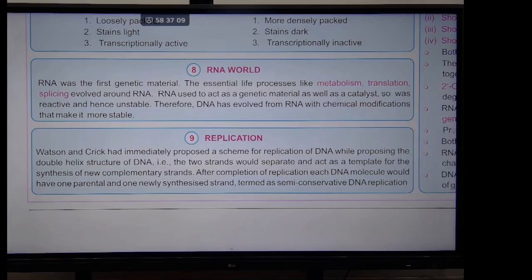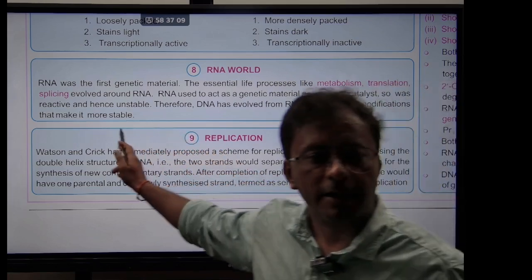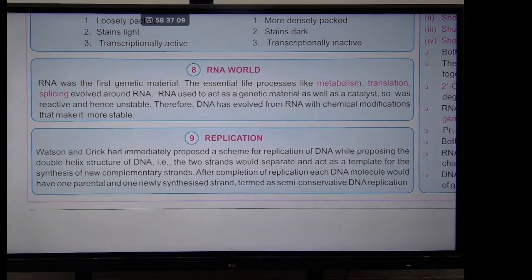The essential life processes like metabolism, translation, and splicing evolved around RNA. Living systems still use RNA to transfer the information from the DNA to produce proteins. They have to go through processes like capping, splicing, and also translation and metabolism. RNA used to act as genetic material as well as a catalyst.